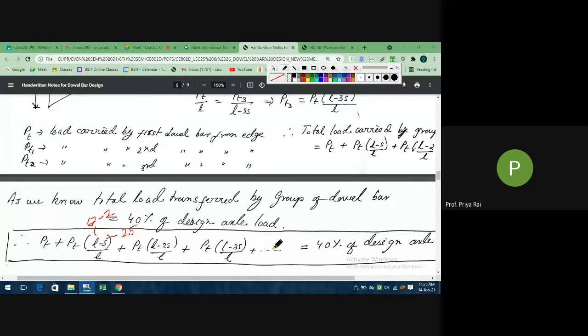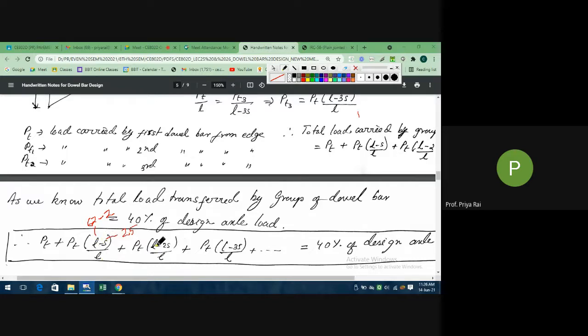Don't add that value. This term should always be positive, so we will add only those terms which are positive. So PT plus PT into, see here, 62.2 minus S, that is 25, gives positive, so add this value: 62.2 minus 25 by 62.2.